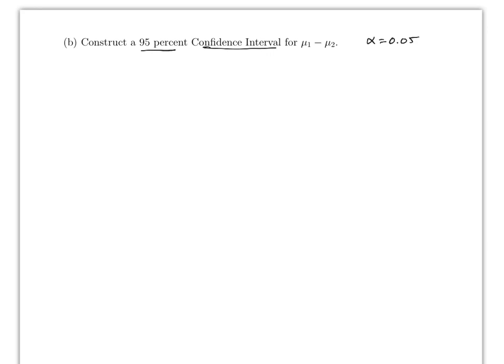We have the same information. X1 bar, remember, was equal to 80. X2 bar was equal to 84. n1 was equal to 25, n2 was equal to 20, s1 was equal to 10, and s2 was equal to 8.